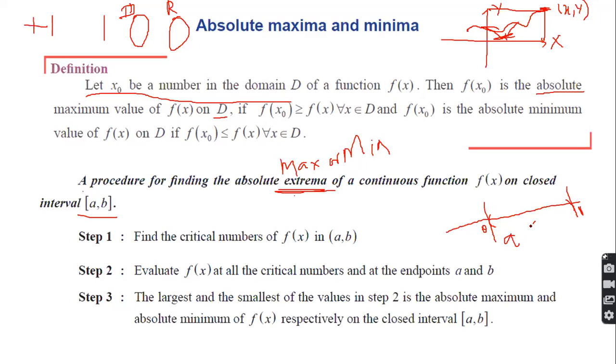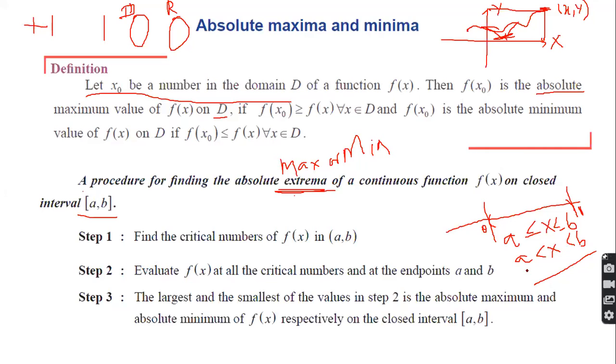That means a less than or equal to x, less than or equal to b. Less than or equal to includes both the points. Otherwise, if it is a less than x less than b, it is called an open interval, because the less than sign is there.